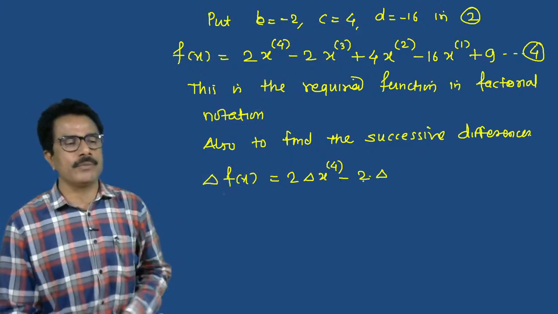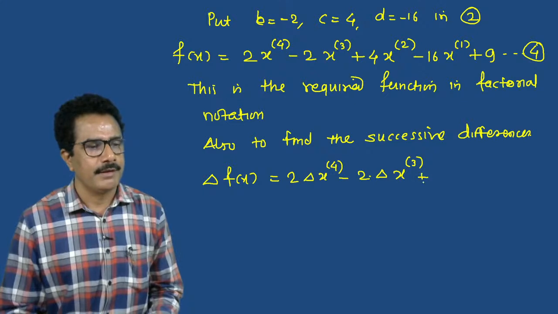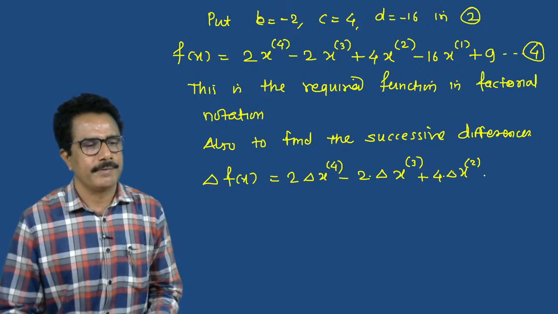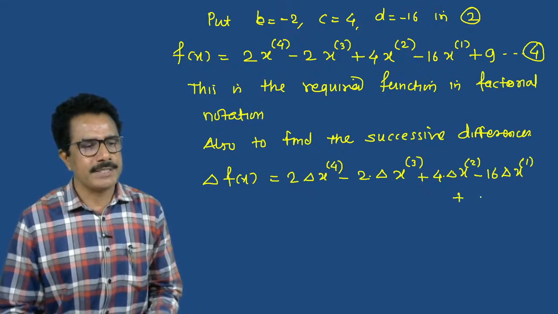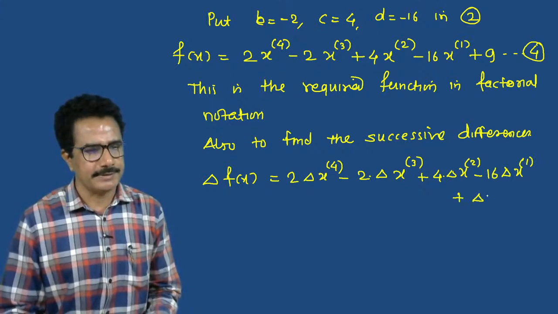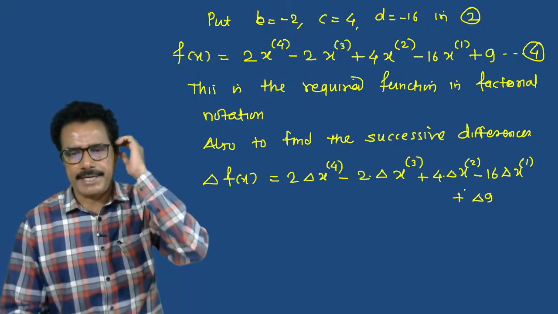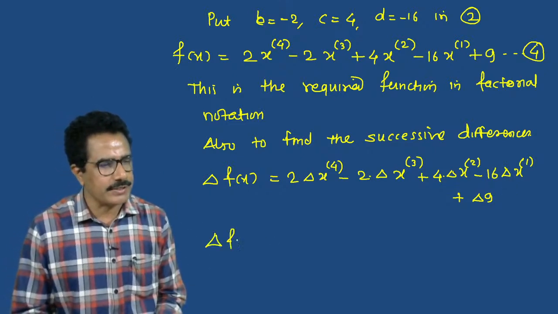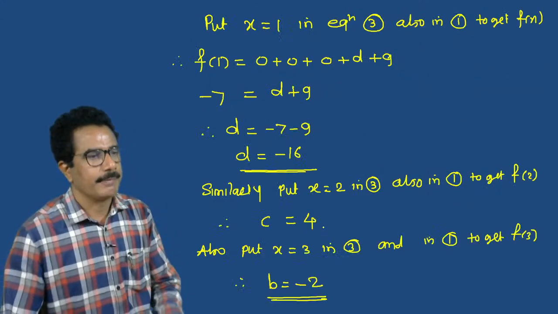So use delta on both sides, delta x raised to 3 factorial plus 4 delta x raised to 2 factorial minus 16 delta x raised to 1 factorial plus delta 9. See this, we have to find the delta. So delta f of x is equals to 2 into, see this note.